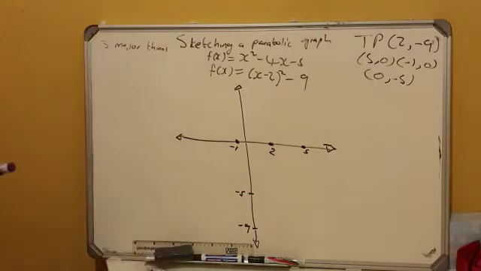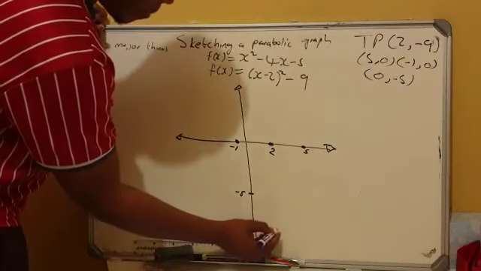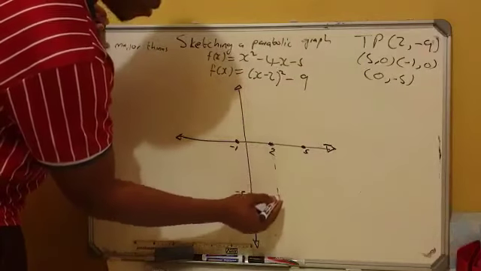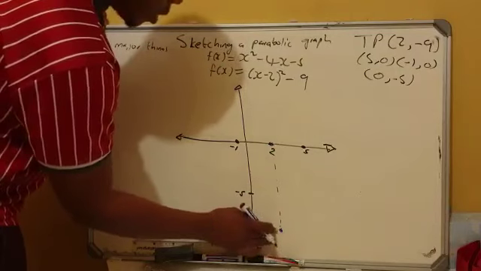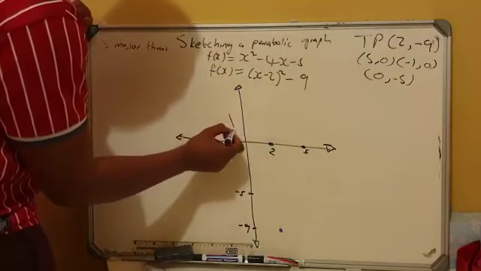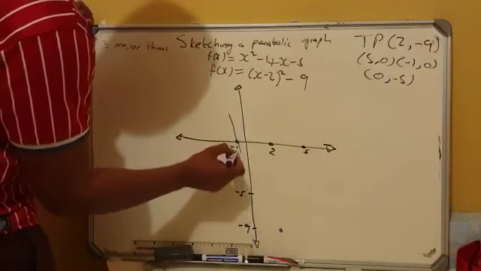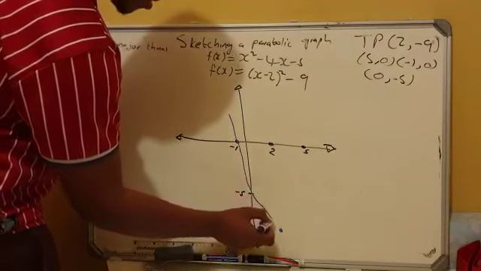So how am I going to plot my graph? The graph must turn here. This has to be the turning point of the graph. And make sure that your graph will not be as ugly as mine.